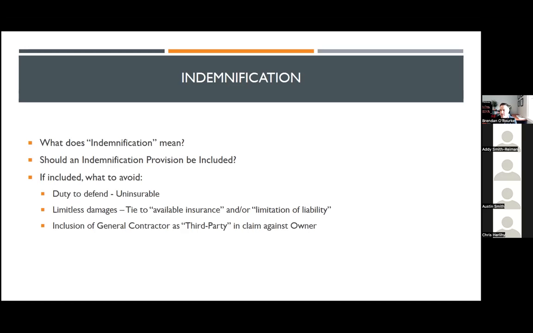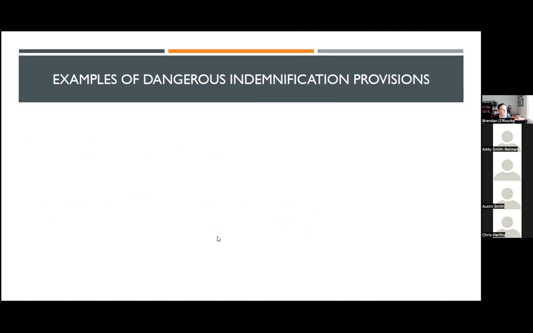The general contractor is a third party, and under the indemnification provision, you need to pay the damages. To me, that's not the spirit of what indemnification provisions are supposed to be providing. They're supposed to be providing protection to the owner for truly third-party claims, not the general contractor's claim made in the course of a construction project.